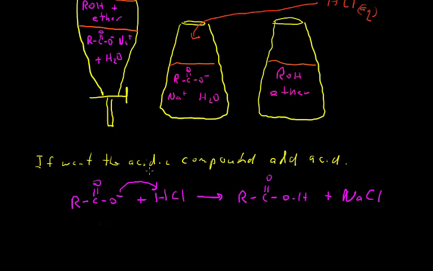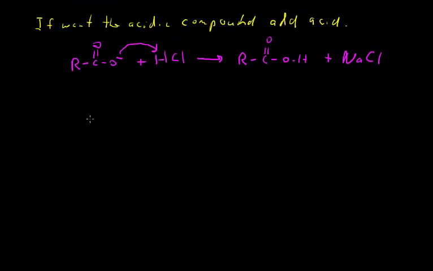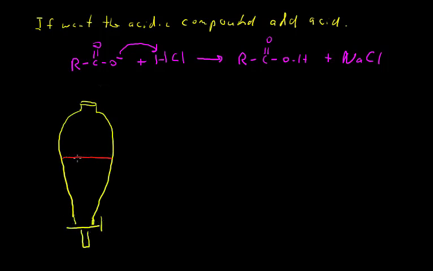So what do we do now? Well, the next thing we do, of course, is a second extraction. So I'm going to redraw our separatory funnel. So now we've got our water, our aqueous solution with our neutral carboxylic acid and some sodium ions and chloride ions in that solution.